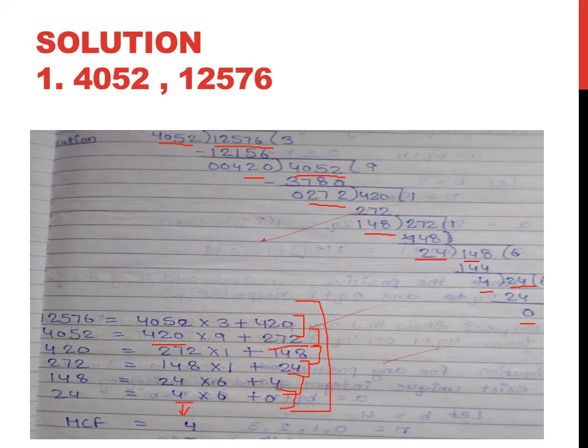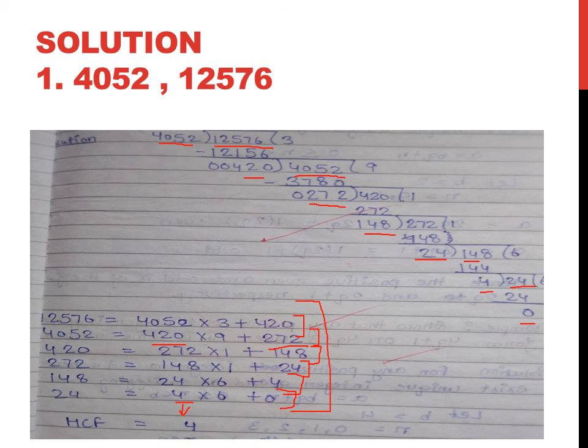Here we can see that we are dividing the larger number, 12,576, by the smaller number 4052. Then the quotient is 3 and the remainder is 420. Now we will divide the previous divisor, which was 4052, by 420.